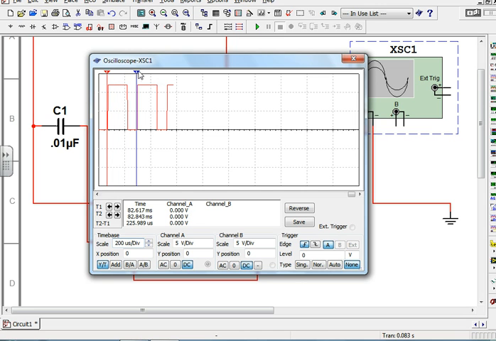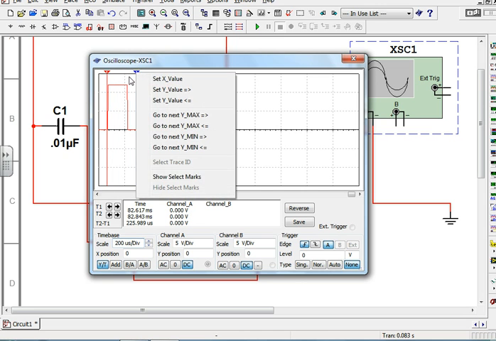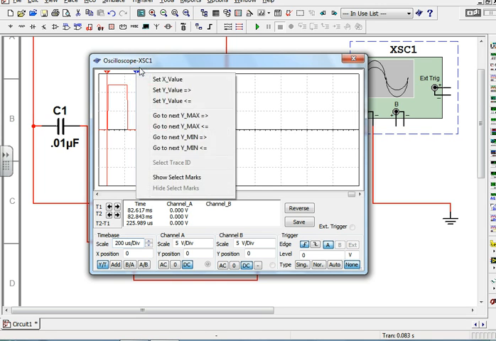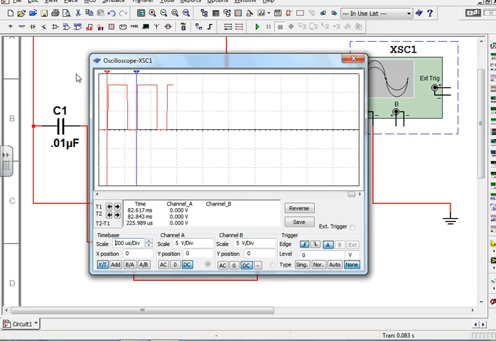There we go. That's better. We'll use my finger. Much better. Okay, that's about right.